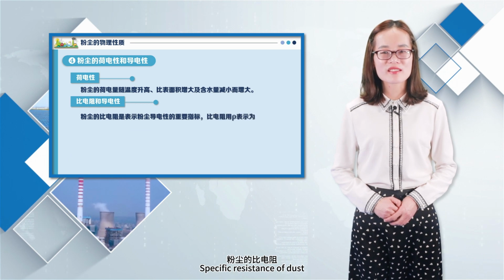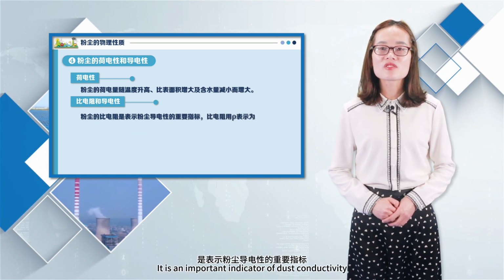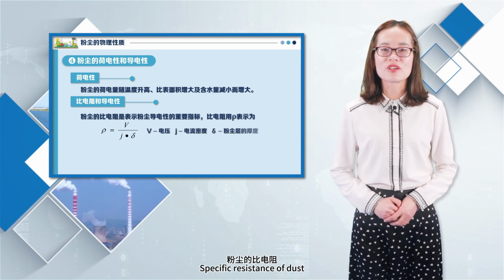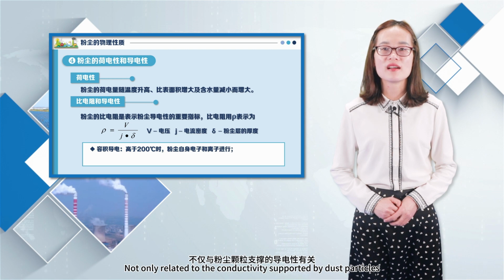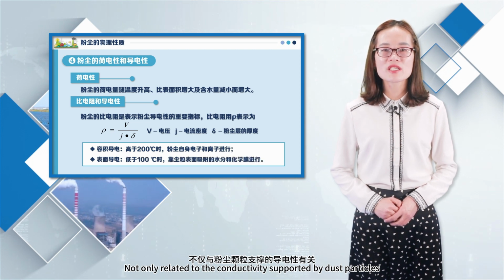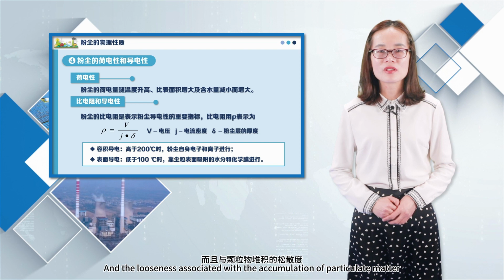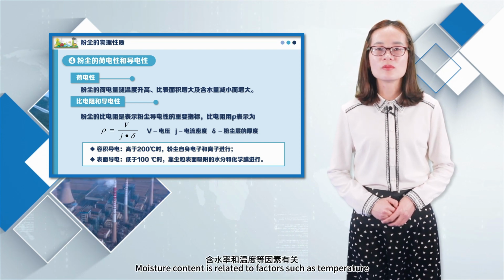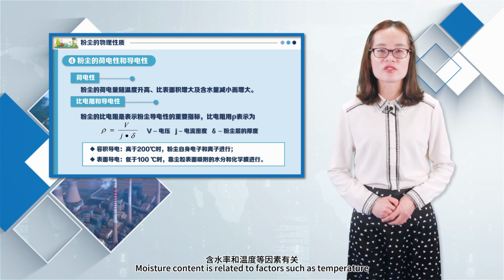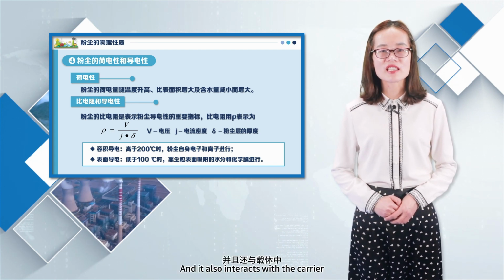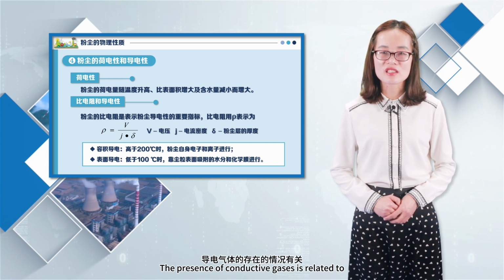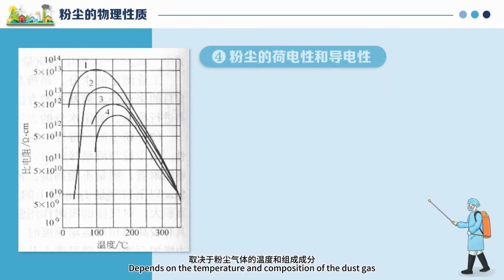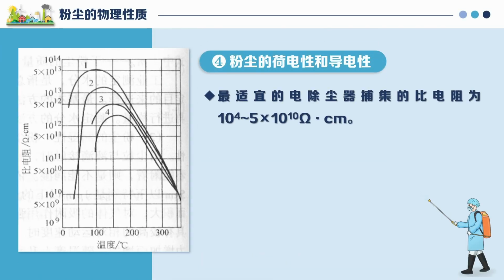Specific resistance of dust. It is an important indicator of dust conductivity. Specific resistance, expressed as ρ, is not only related to the conductivity of dust particles and the looseness associated with the accumulation of particulate matter, but also to moisture content, temperature, and interaction with the carrier gas. The dust conductive mechanism depends on the temperature and composition of the gas.